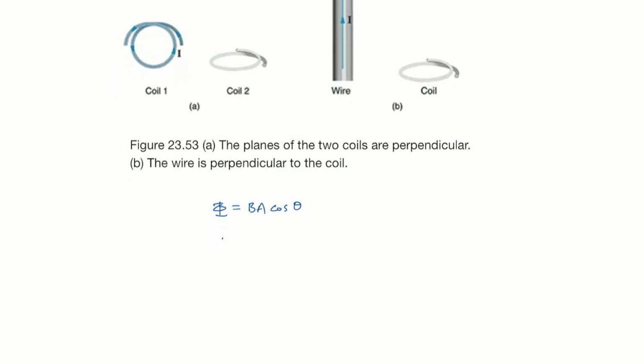Okay, so we have flux is B times A times the cosine of 90, and the cosine of 90 is 0. So we have flux is B times A times 0. That results in a flux of 0 Tesla meters squared.